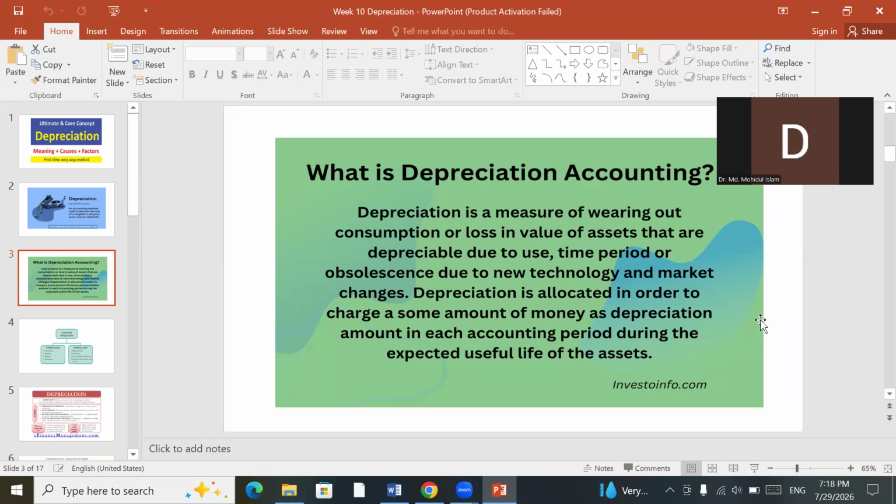Another cause is this: you have a motorcycle, say for example, but its expiry life is 5 years. After 5 years, you have to replace it. At that time, a huge amount of money is needed to replace it, because you get rid of the old one and take the new.